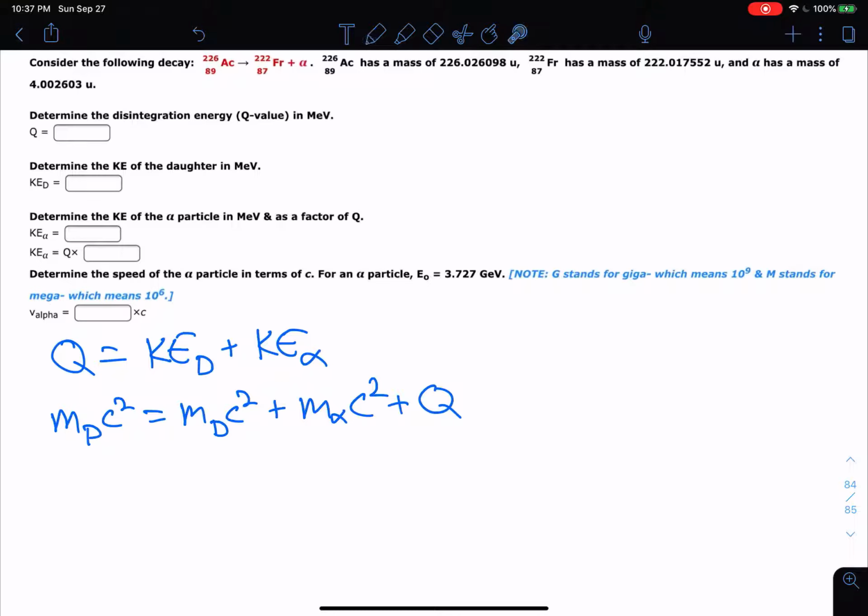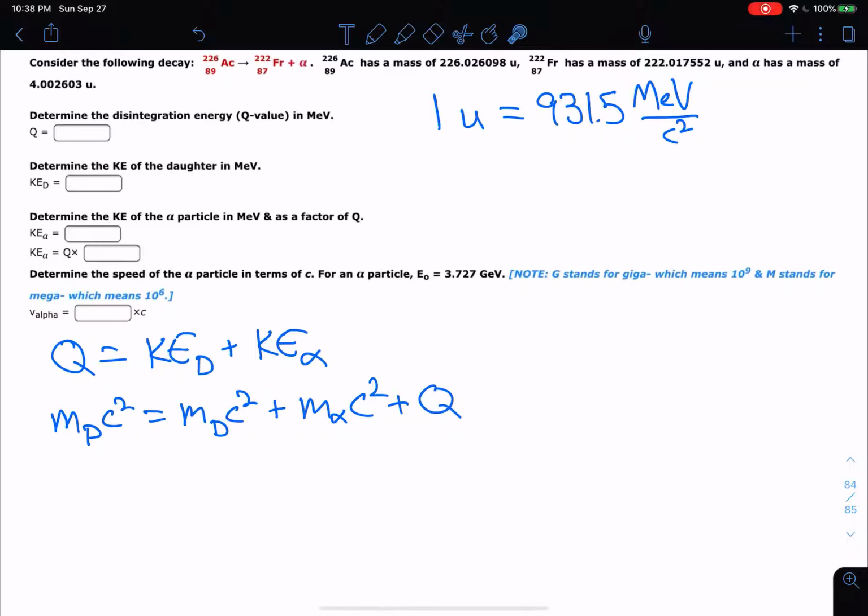The conversion factor is up above. 1 atomic mass unit equals 931.5 mega electron volts per c squared. That makes your life a lot easier because you're multiplying by c squared, so the c squareds cancel. I recommend doing that for this part, but I'm going to let you handle that on your own. It's the second part of this problem that is less obvious, is tricky.